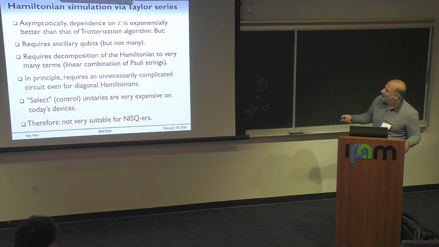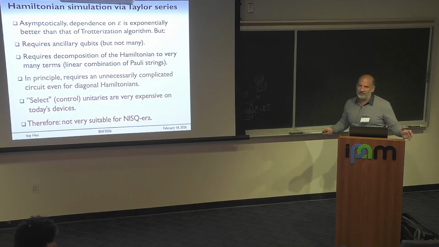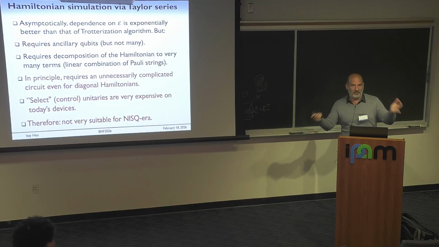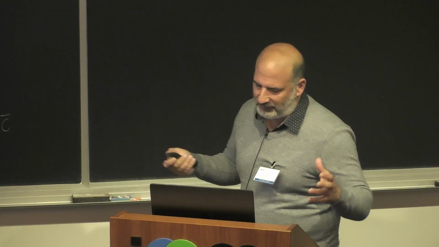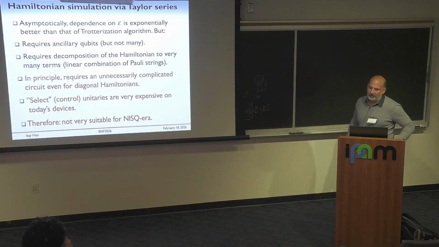But we know that evolving under diagonal Hamiltonians is very simple because these are just phases. So somehow the LCU method doesn't take advantage of all the properties of the Hamiltonian. This is not to say that this is a bad method. It's a great method.